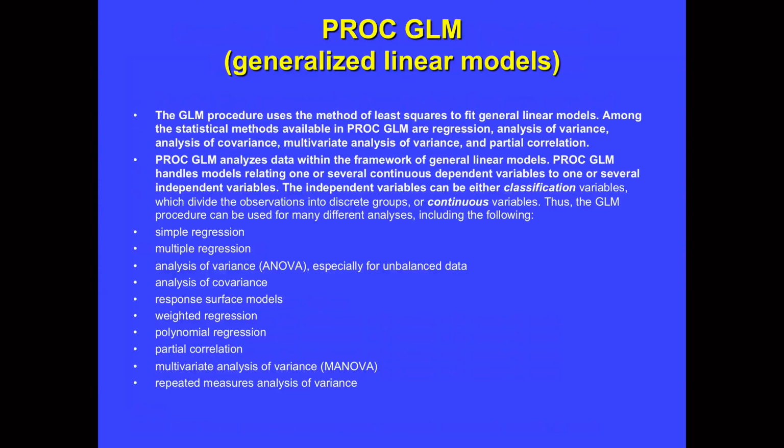The reason I want to talk about proc GLM is because it has a couple of nice features that are very helpful, and they're features that proc reg does not have. The first, building on our examples of dummy coding, is the ability to use a class statement and to parameterize your categorical variables in a way that will give you results that are effectively identical to dummy variables in reference coding.